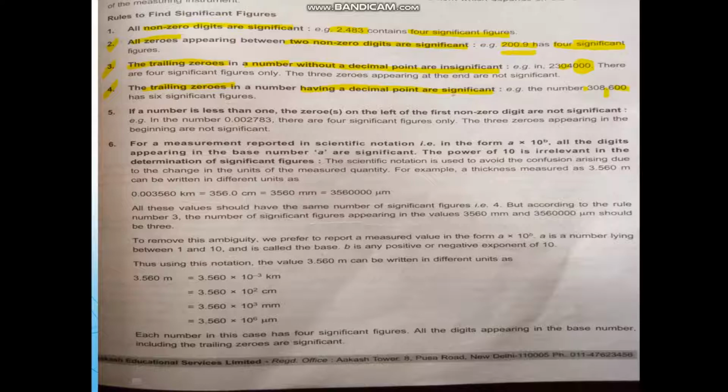So these two zeros are also significant, and this 0 is also significant. Why is this 0 significant? Because it is between two non-zero digits 3 and 8. And these two zeros are also significant. Why? Because they are the trailing zeros after the decimal point. So this number has 6 significant figures.